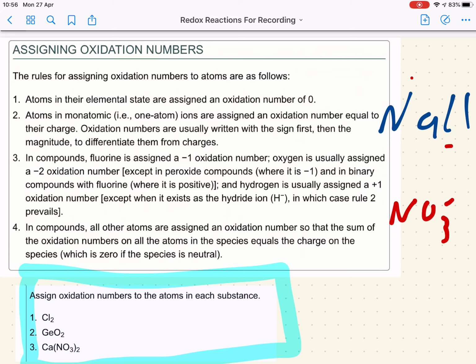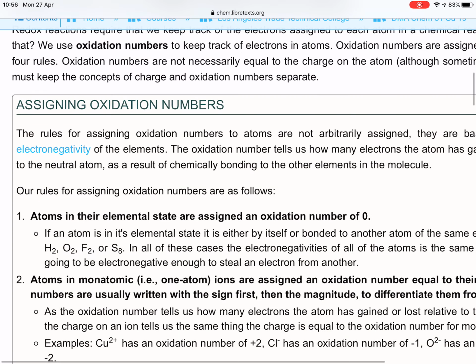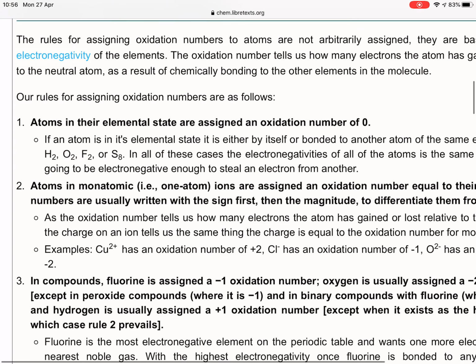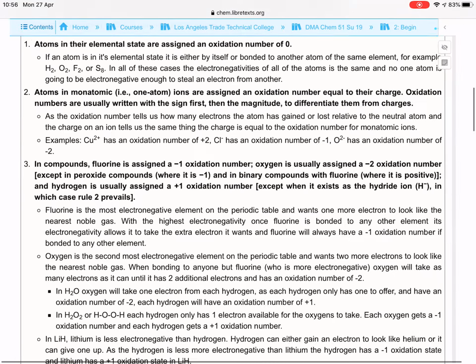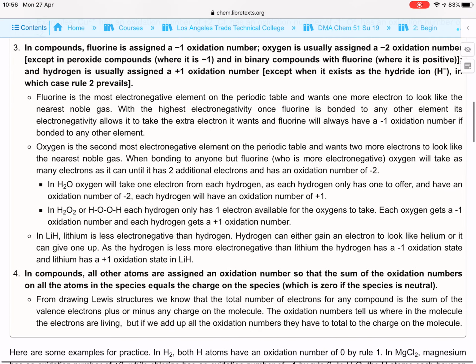The one exception is when oxygen is in a peroxide, where you have an O and an H, for example. That's where you're going to have it as -1. It gives us some details on that here on this page, so let's come down here and look at oxygen. It explains a little bit why.